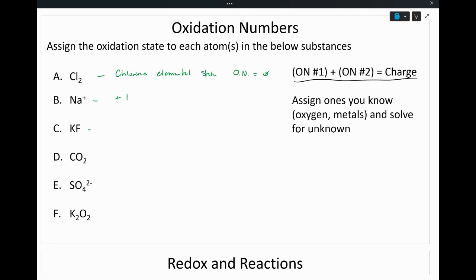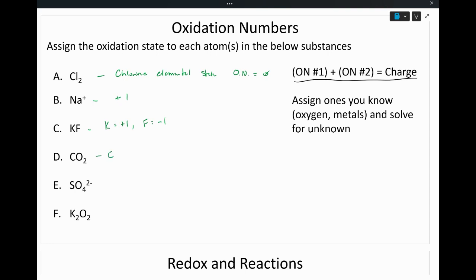And now we get to some compounds. We have KF. K is an alkali metal, so by its rule, it is +1. Fluorine is a halogen, and we said it adopts a -1 oxidation state. You can check that it follows the rule that everything adds together to neutral. +1 plus -1 equals 0. You're good to go.